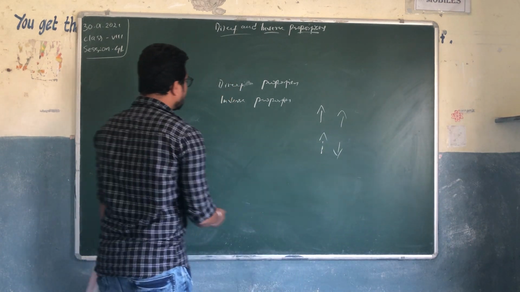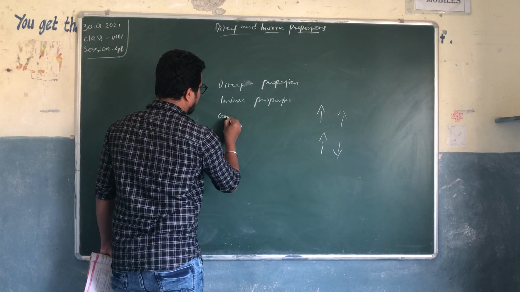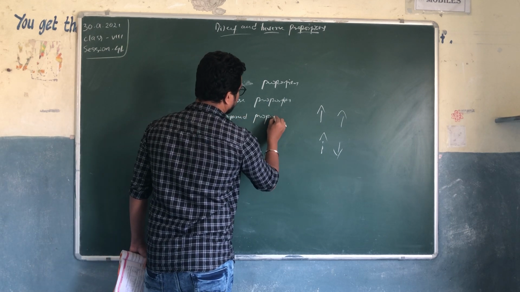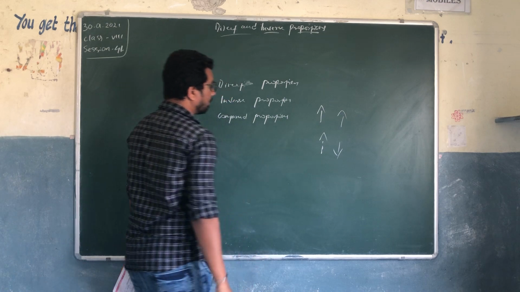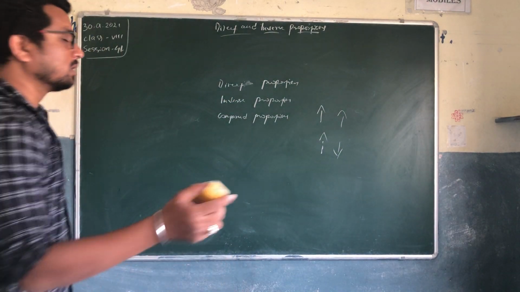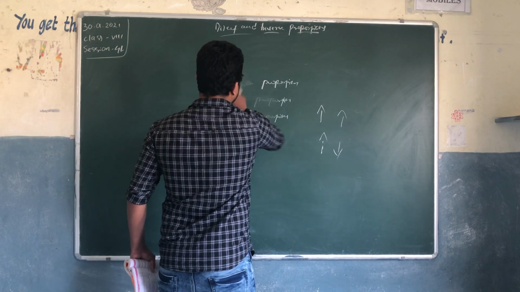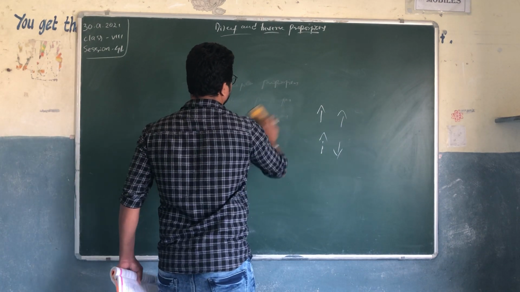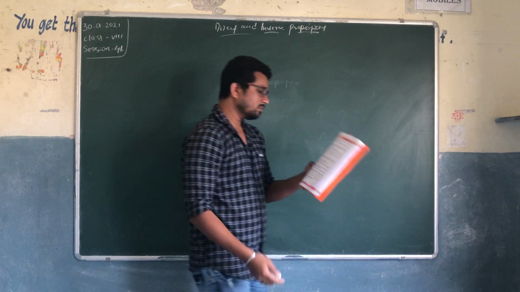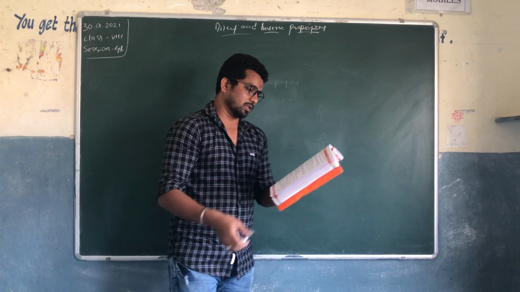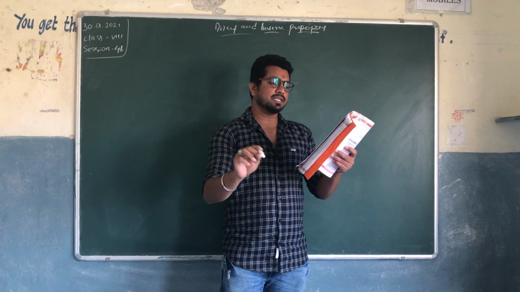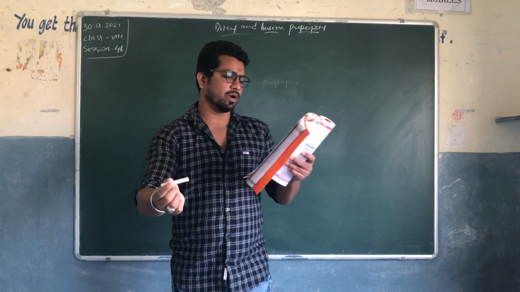Now we'll see the new one called compound proportion. Let's see what is compound proportion and try to understand it. Sometimes the change in one quantity depends upon the change in two or more quantities.